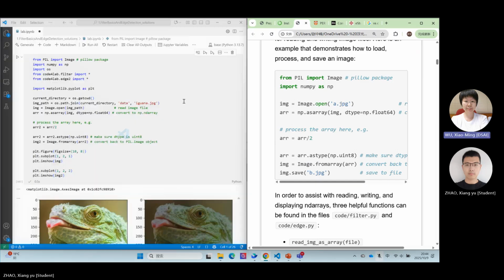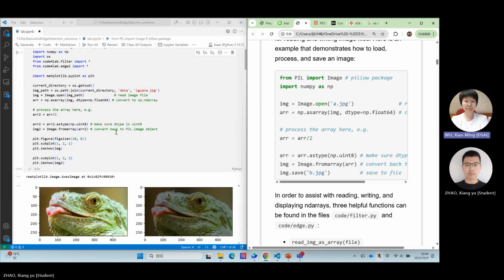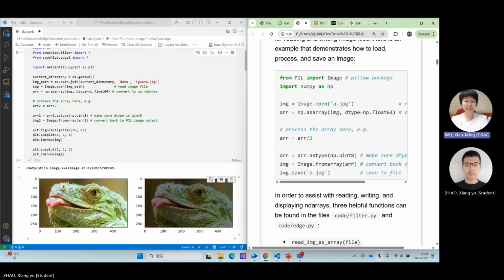Okay, this is an example. First, we use the Pillow package to read the Lingua image, and then we process the array by dividing the image by half.